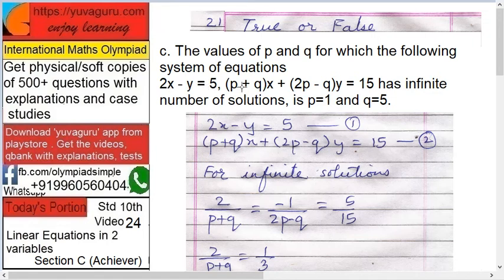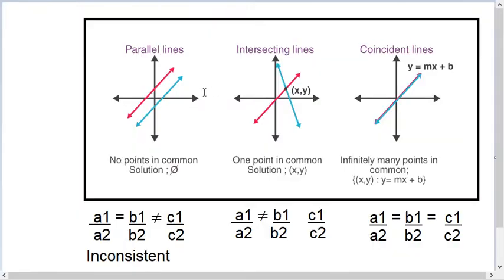Next, the values of p and q for which the following system of equations, that is 2x minus y equals 5 and (p plus q) into x plus (2p minus q) into y equals 15, has infinite number of solutions is p equals 1 and q equals 5. Now when will two lines have infinite number of solutions?